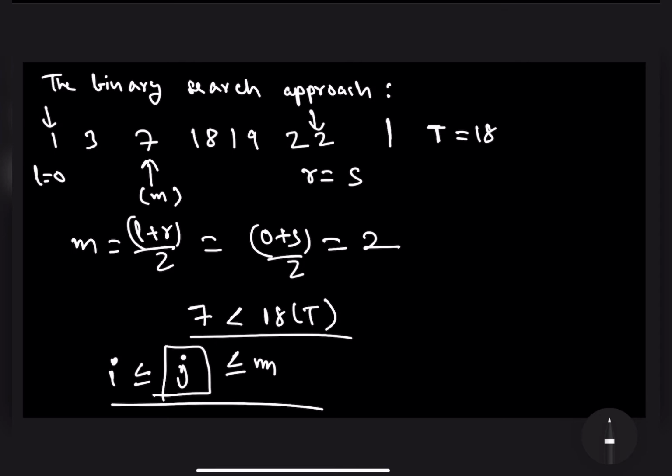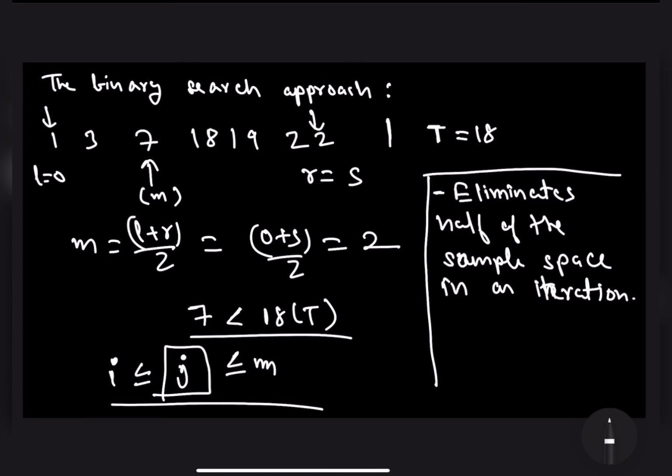All right. So this is how binary search works. What binary search does, it eliminates half of the search space in a go. All right. So I know that this entire part of this search space is useless for me and I'm not going to find my target value in there.